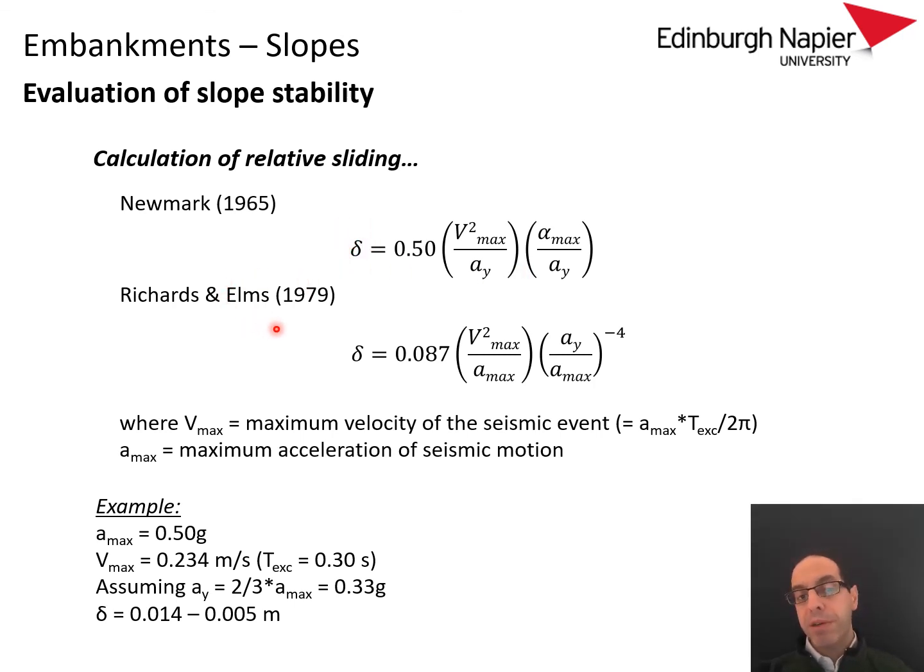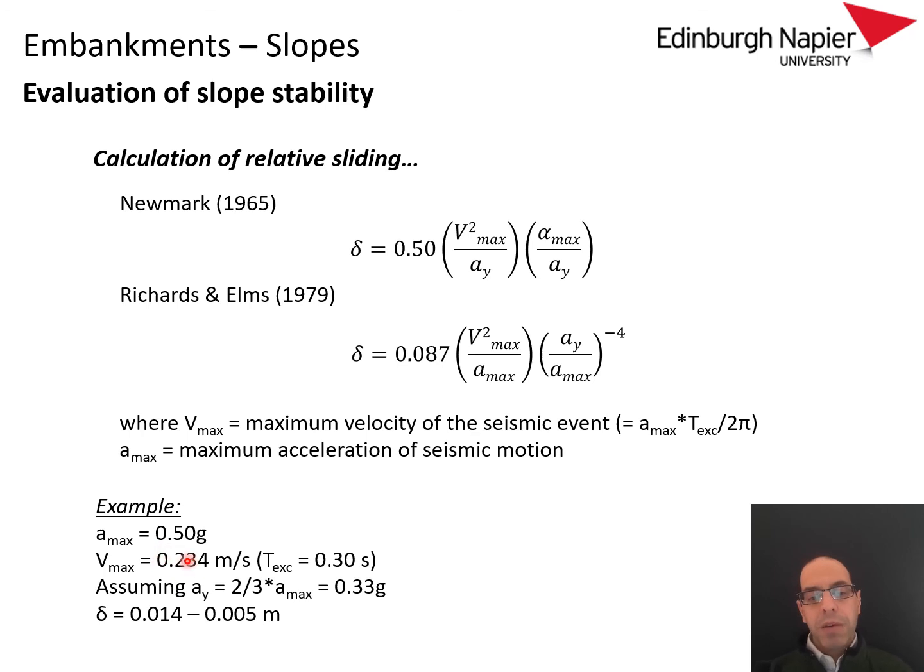Richards and Elms' approach is similar but with different empirical coefficients and exponents, and this velocity can be calculated as a ratio of the maximum acceleration and the period of the excitation that is produced by the earthquake. And this can be illustrated by a simple example in which, for example, the maximum acceleration is 0.5 g.